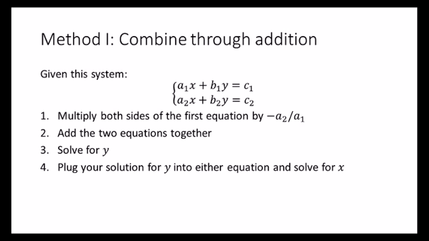Once you have a solution for the y's, you can then take your y equals some number, call it d, and plug d in for y in either one of your equations. It doesn't matter which one you use, and then solve for x. And then you will have solutions for both of your variables in a two-equation system.